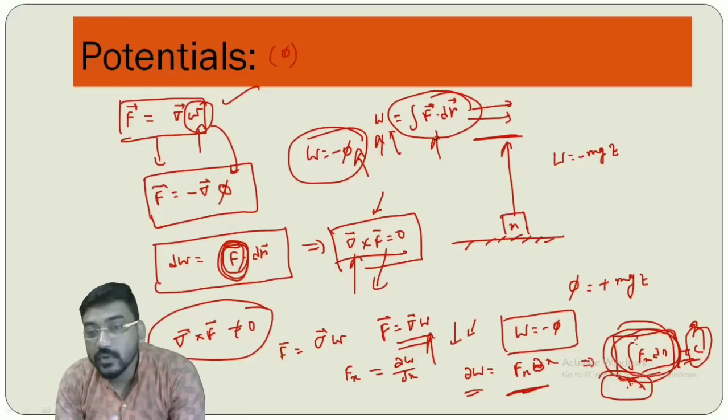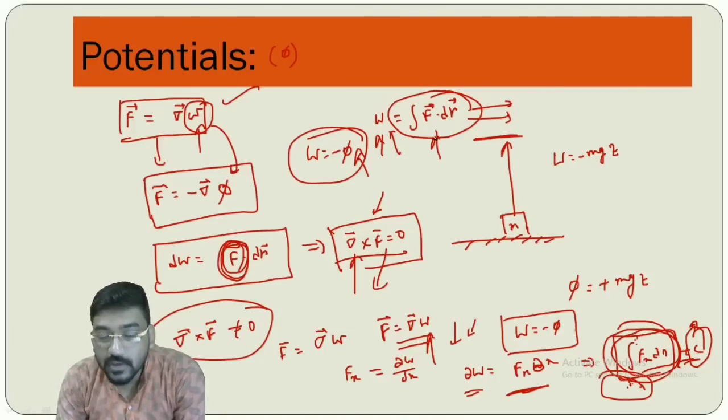You can choose the path of your own choice, so your integration will be so simple and you can easily find out w. So whenever you are asked to find out phi, you have to find out w, and whenever you want to find out w, you have to first check that curl of f is 0.